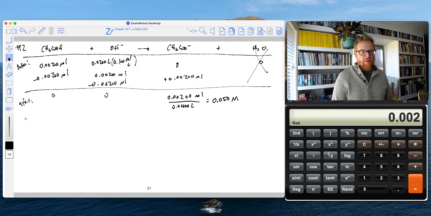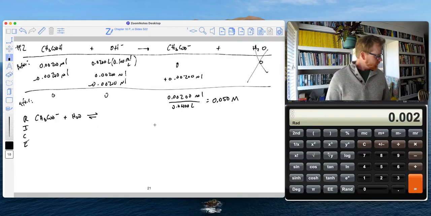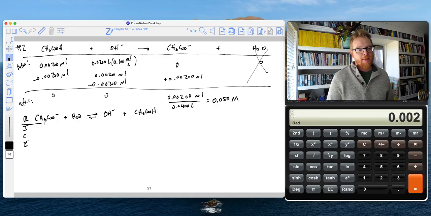My reaction is starting with the acetate, CH3COO minus, and that reaction is the Kb reaction because we remember acetate is a conjugate base. So it's going to go on to produce hydroxide and the original acetic acid.